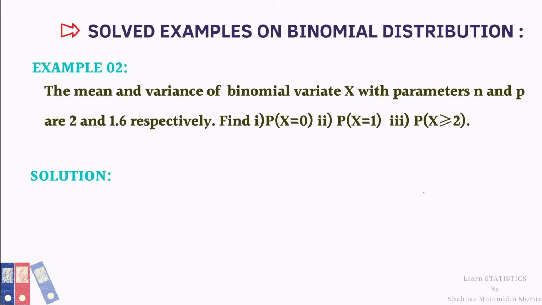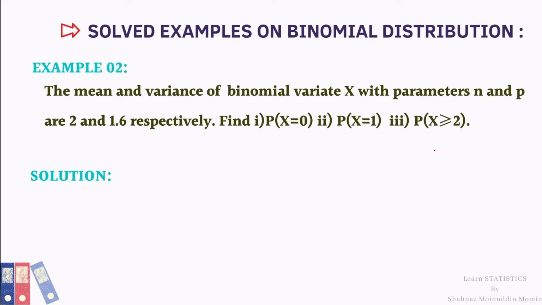The mean and variance of binomial variate x with parameters n and p are 2 and 1.6 respectively. Find probability x equal to 0, x equal to 1 and probability x greater than or equal to 2. In this example we are not given the parameters, but we are given the mean and variance of the binomial distribution.